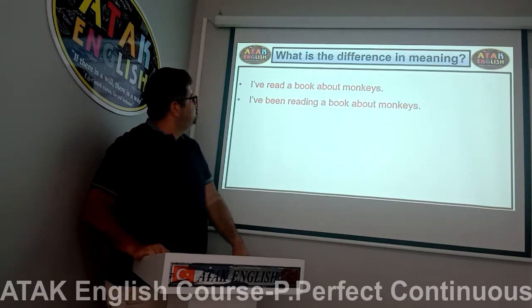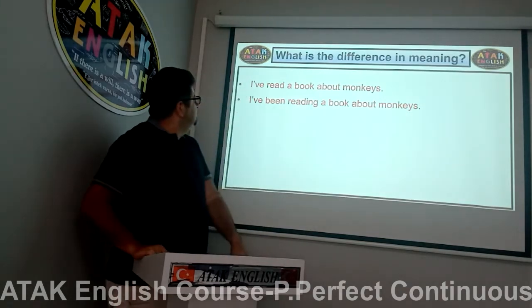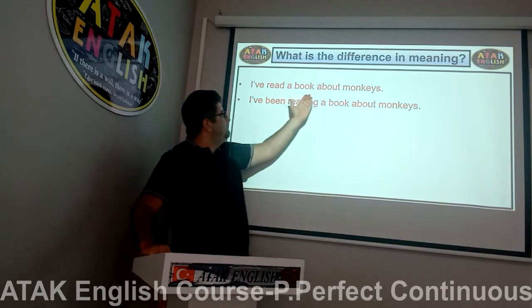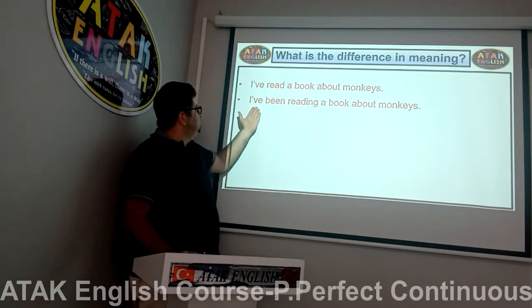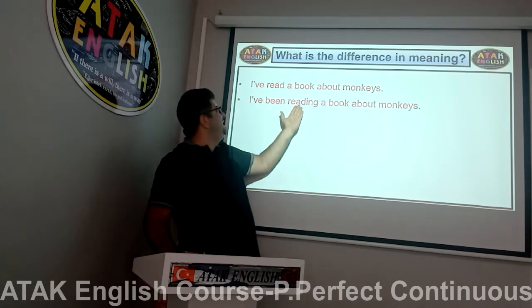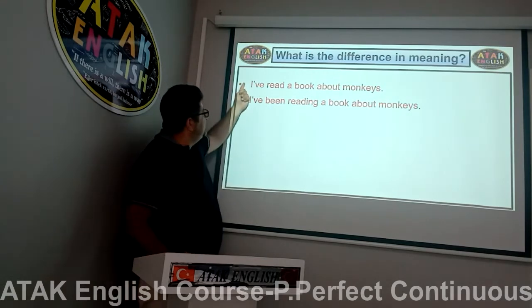Okay, let's try to have a look again at the difference between these two. I have read a book about monkeys. Second sentence, I have been reading a book about monkeys. First one, as you can see, is in present perfect.